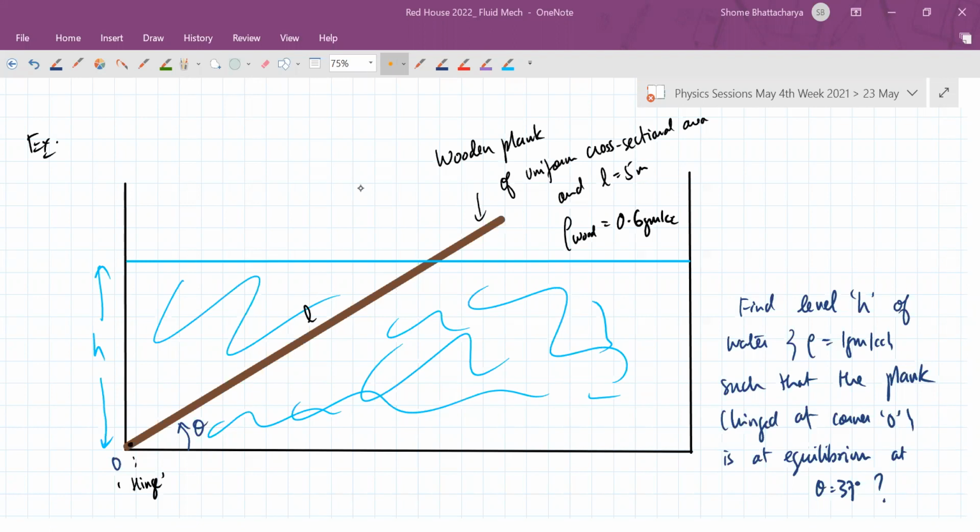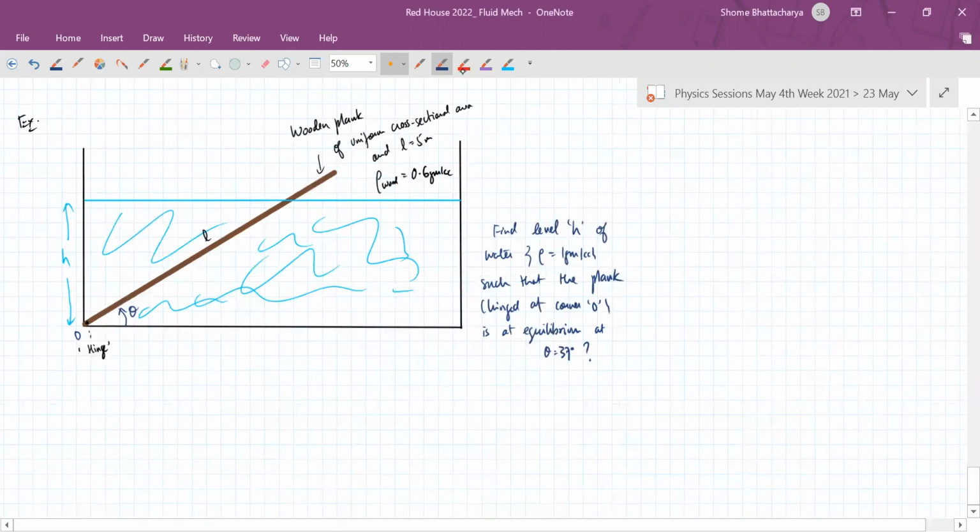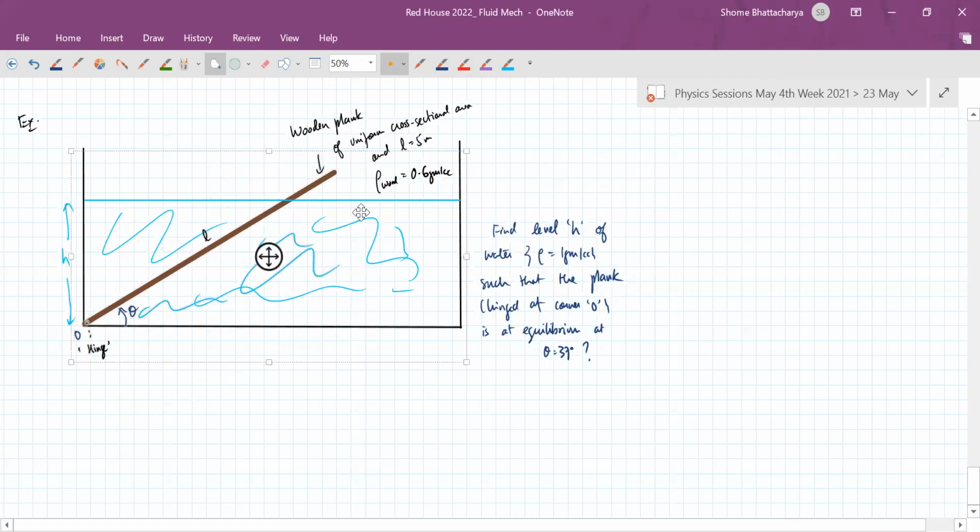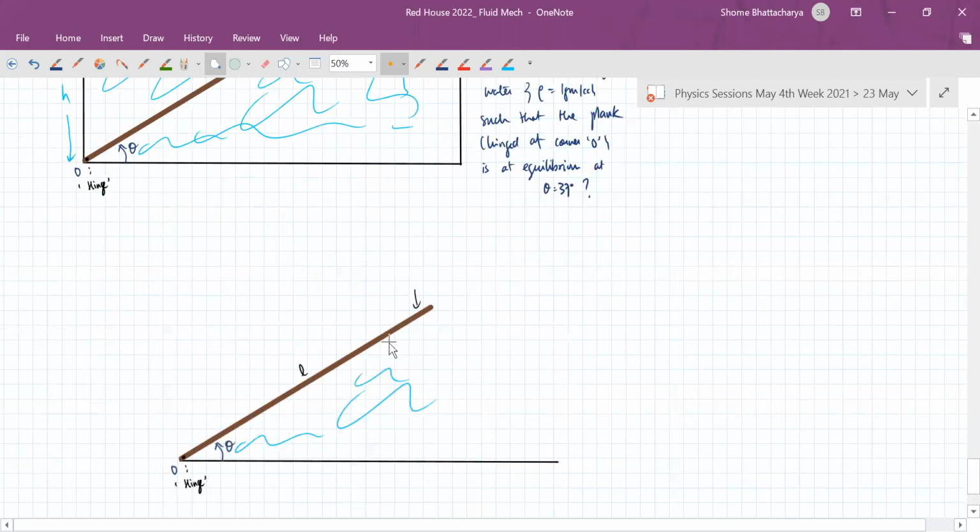Okay, so let's discuss the concept here. If we think of a free body diagram kind of situation, suppose this is the level of water to some height h.